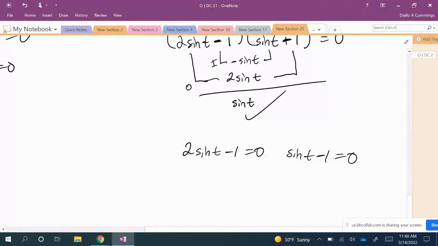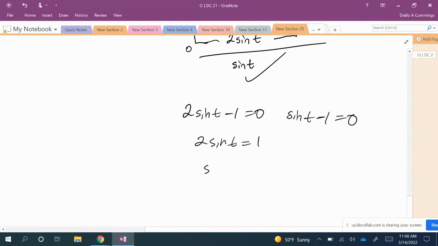Notice that I now have linear equations. For the first equation, 2 sine t minus 1 equals 0, I'm going to isolate sine t. The first thing I'm going to do is add 1 to both sides. And lastly, I'm going to divide by 2. So the sine of t is equal to 1/2.